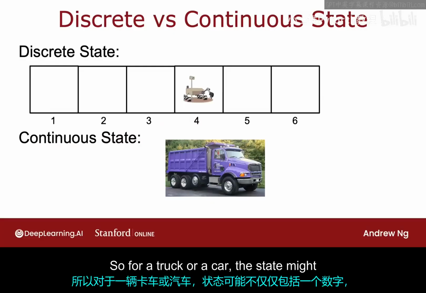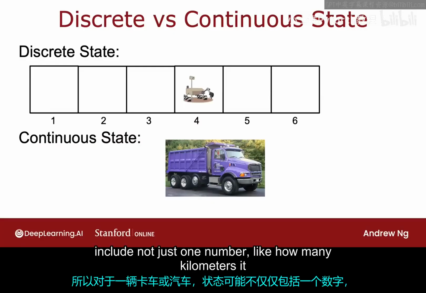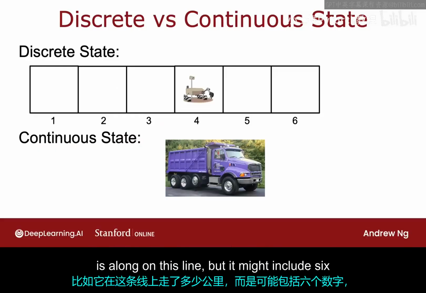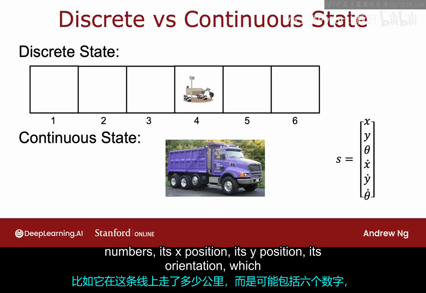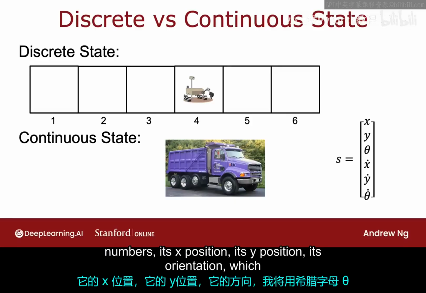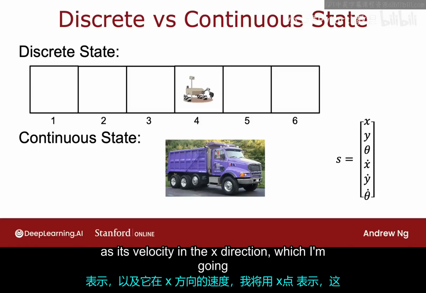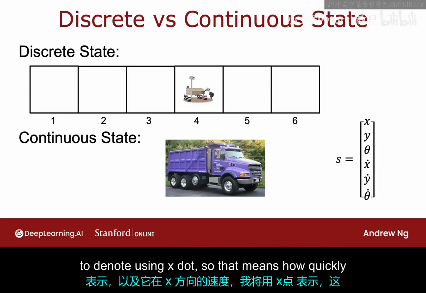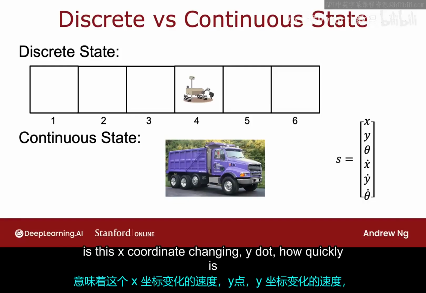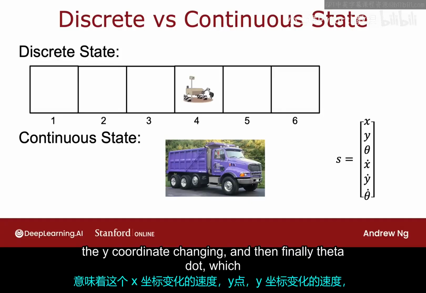So for a truck or a car, the state might include not just one number, like how many kilometers it is along on this line, but it might include 6 numbers. Its X position, its Y position, its orientation, which I'm going to denote using the Greek letter theta, as well as its velocity in the X direction, which I'm going to denote using X dot. So that means how quickly is this X coordinate changing. Y dot, how quickly is the Y coordinate changing.